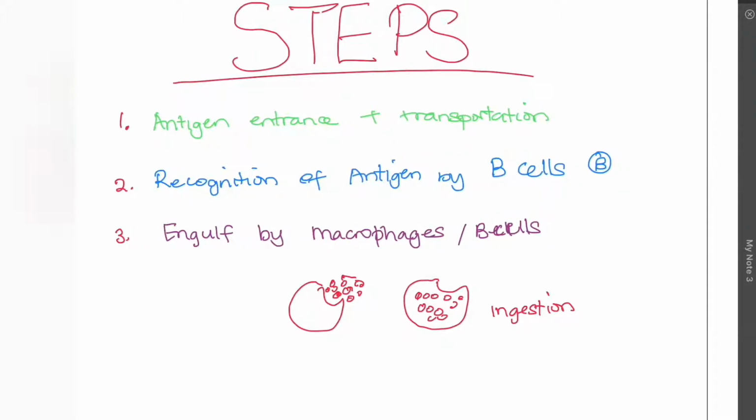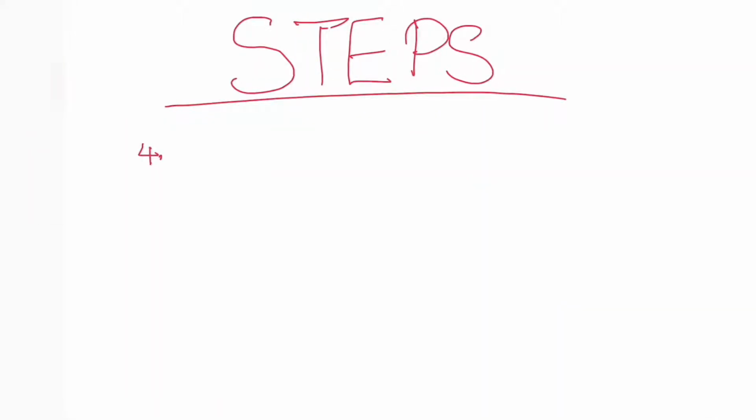So now that these pathogens are engulfed and they're in the macrophages and the B cells, as we said before, it is in the processing state. These antigens have to be processed because each antigen is specific and they need to be recognized so you know what kind of response to mount.